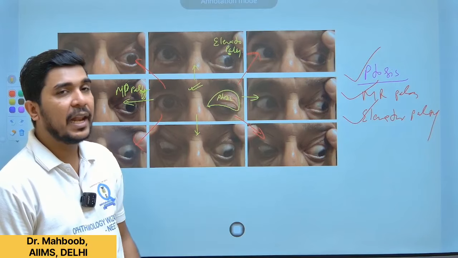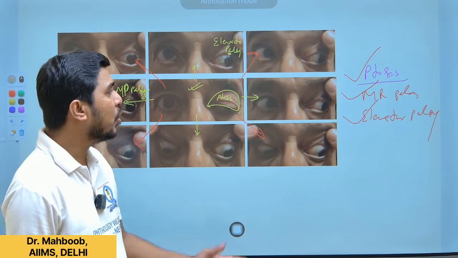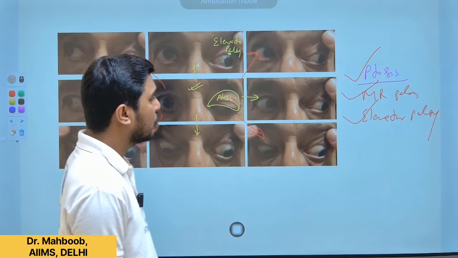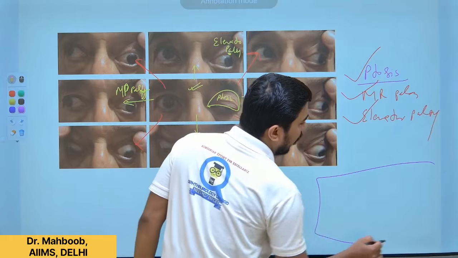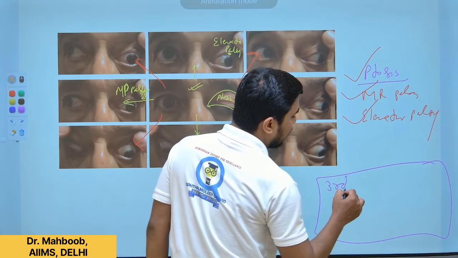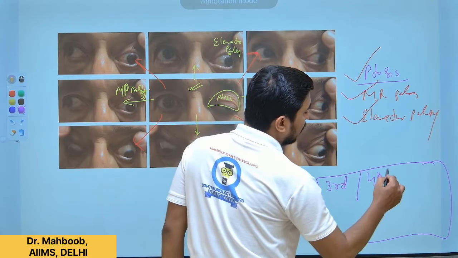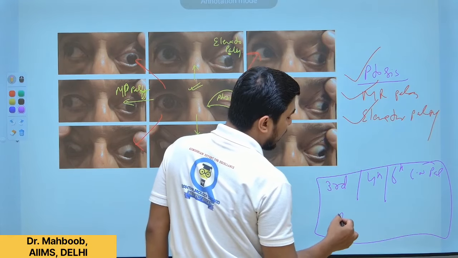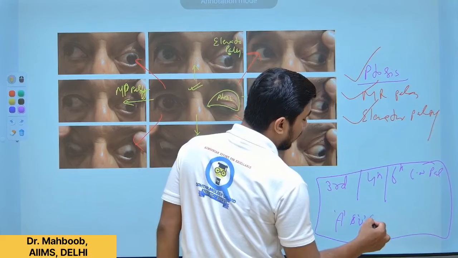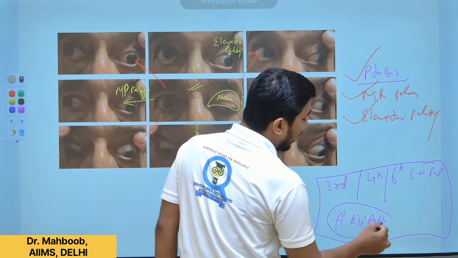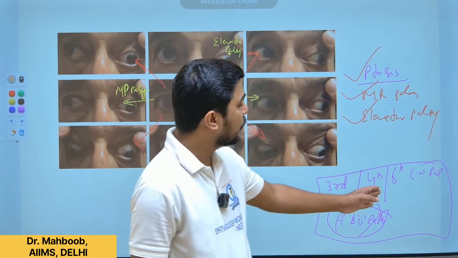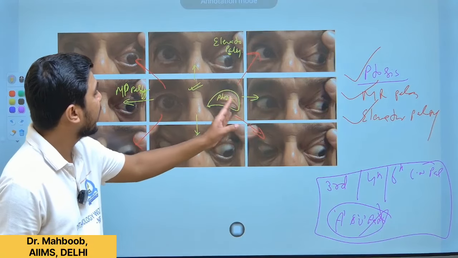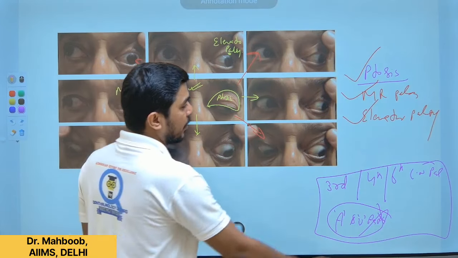Does it fit third nerve, does it fit lateral rectus? It does not. You have only 2 or 3 options. You think only in those options. Options can be third, fourth, sixth cranial nerve palsy, and A pattern and V pattern. I'm not talking about the patterns, I'm talking about among 3, 4 and 6, which will it be? It will not be 6 because lateral rectus is perfectly working. So 6 is gone.